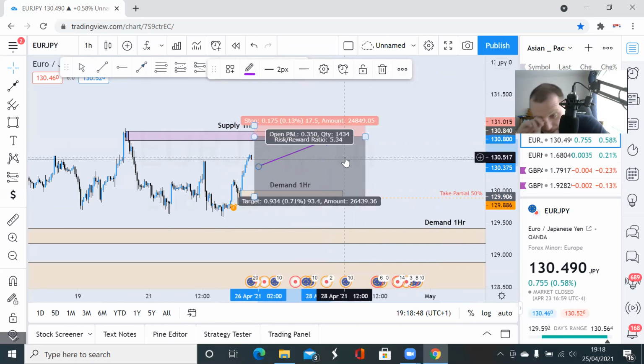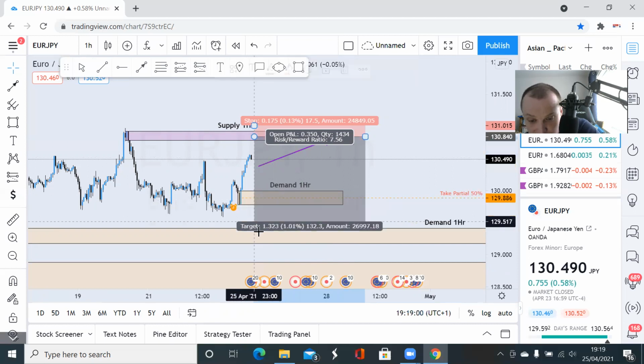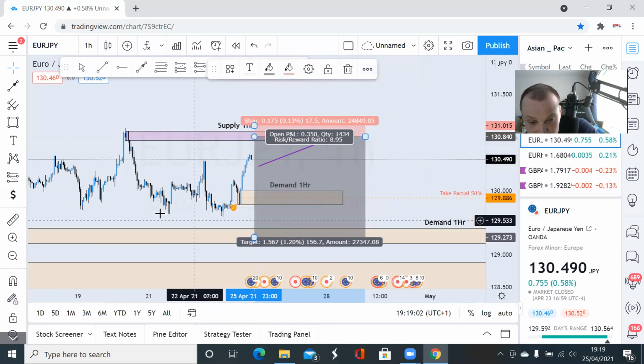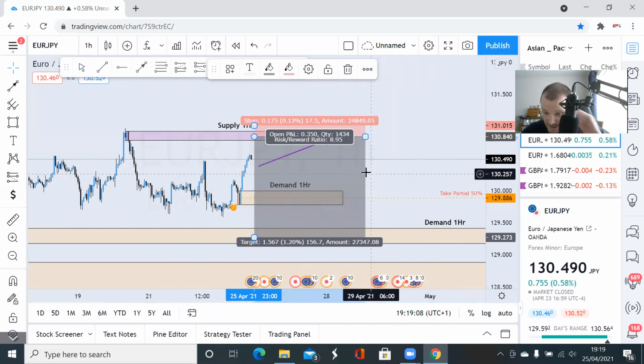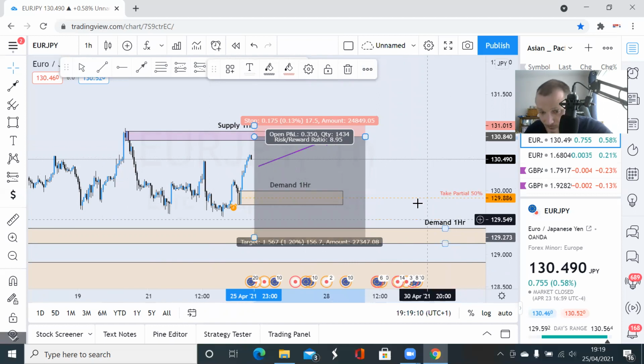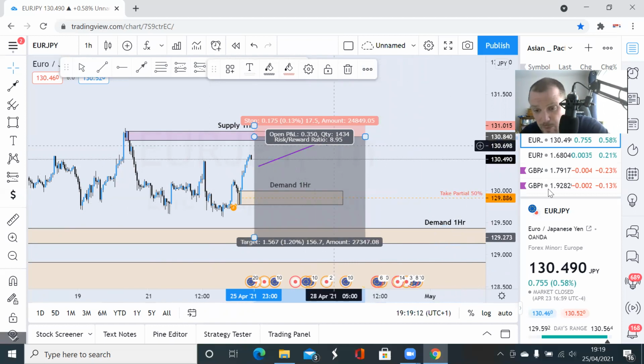You're then getting on this occasion a risk to reward return of just over the 2%, to be fair. From there, we're going to target a little bit lower down and hoping we're going to take out these liquidity areas. This is going to give you a 1 to 9. But again, you'll get an alarm from this to tell you to take a partial.